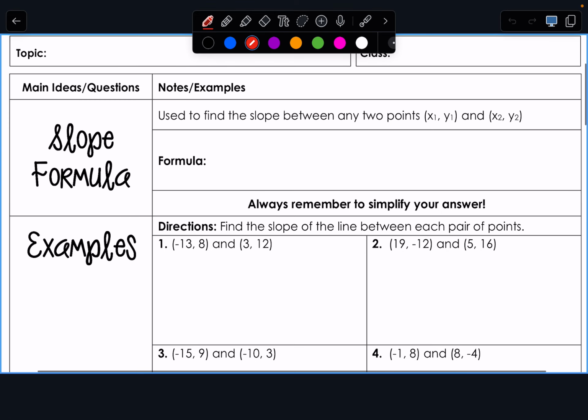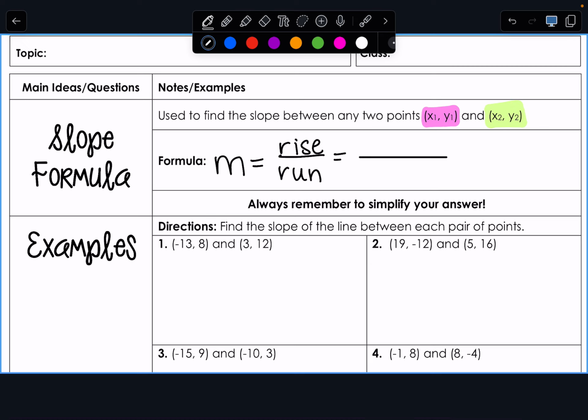If we do not have a graph, but instead we have two coordinates, coordinate number 1 and coordinate number 2, okay? We know that our slope is rise over run. But if we cannot count rise and run, then we need to subtract the y's and subtract the x's.